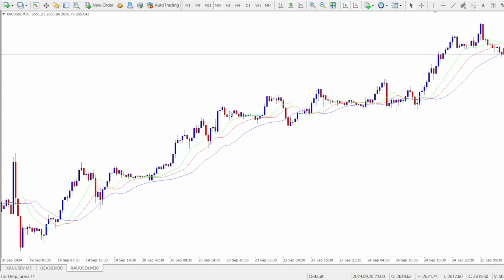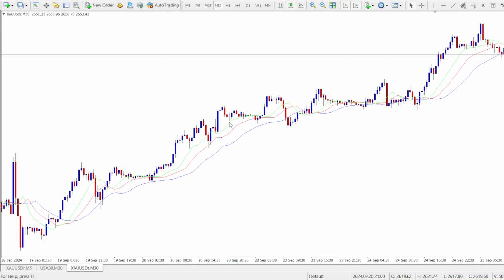The jaw, the blue line, depends on the trend's direction and strength, while the teeth, the red line, indicates the market's current position relative to the trend.